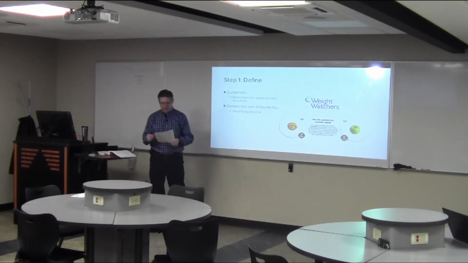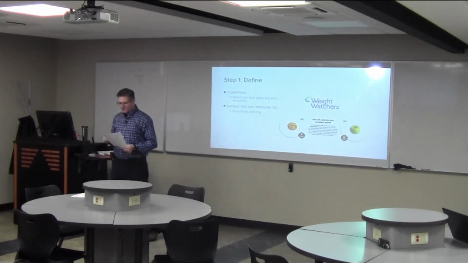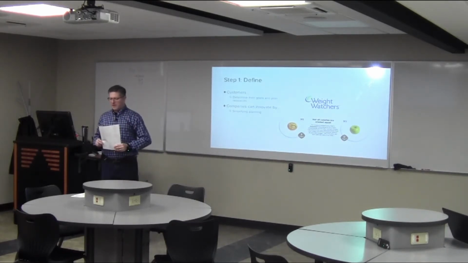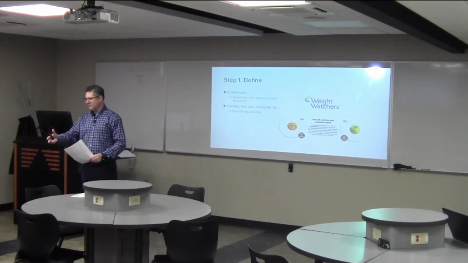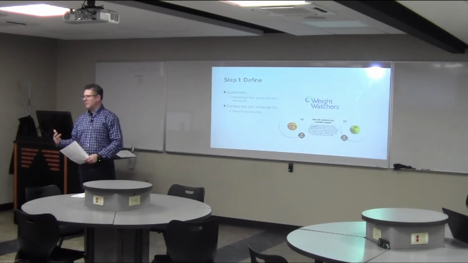So for instance, with the coffee shop that has this line out the door, right? That's their problem, people might wait in line too long. So what might you do to simplify the planning when people are looking to use the coffee shop and they see this line? What might simplify it?